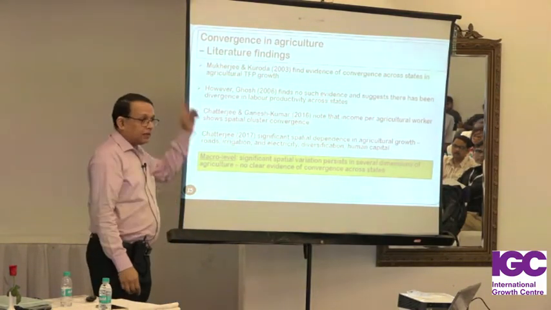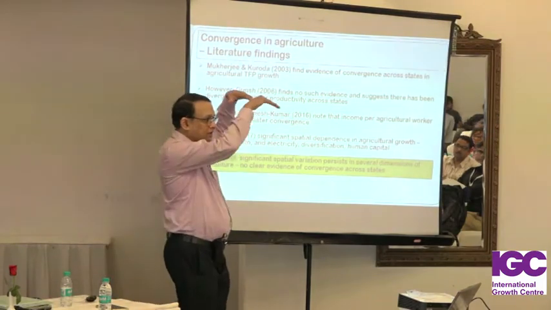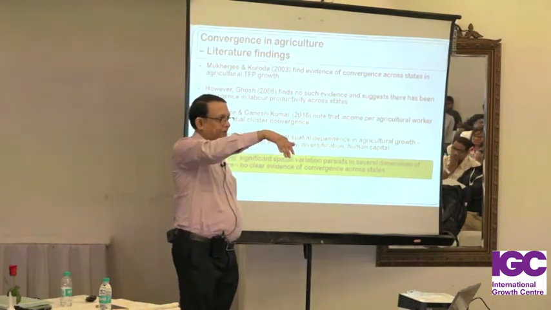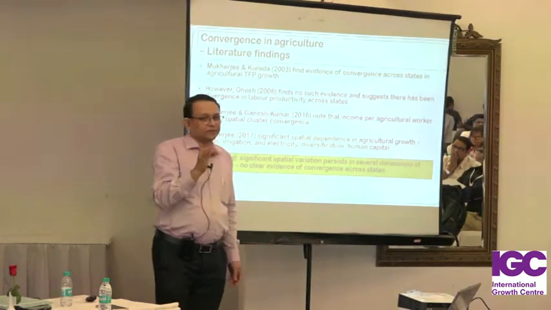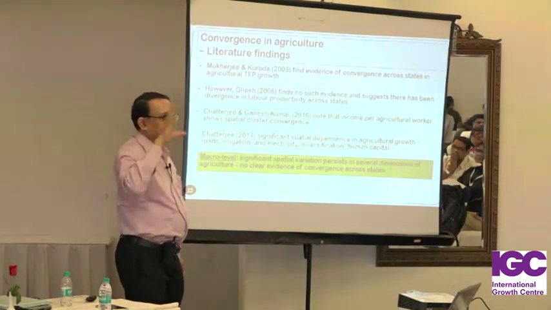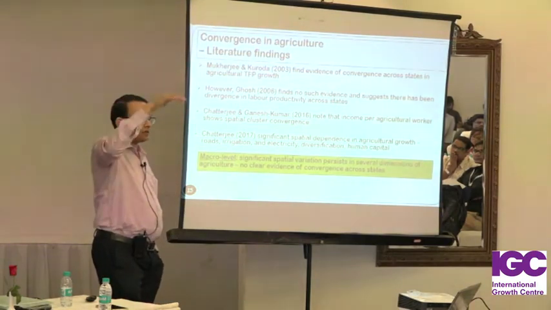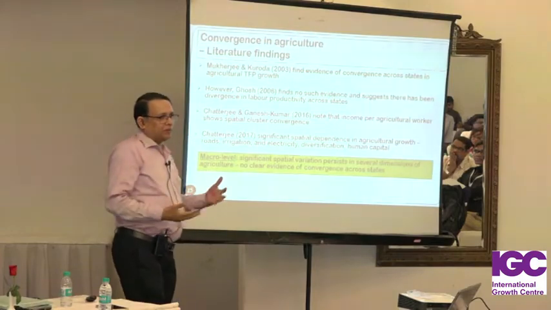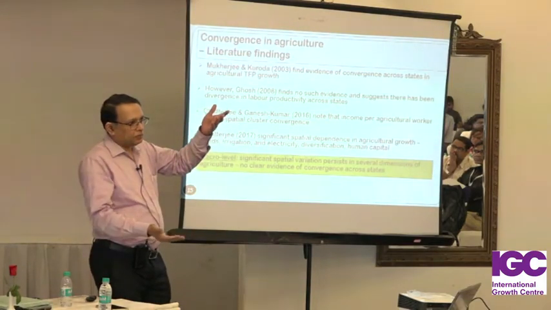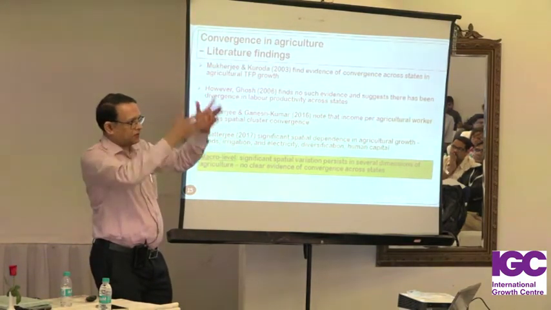In the beginning I showed that this coefficient of variation is coming down. In terms of per capita income, GSDP per capita, this coefficient of variation has fallen somewhat, and that's the kind of question. Basically, are the poorer states catching up with the richer states?